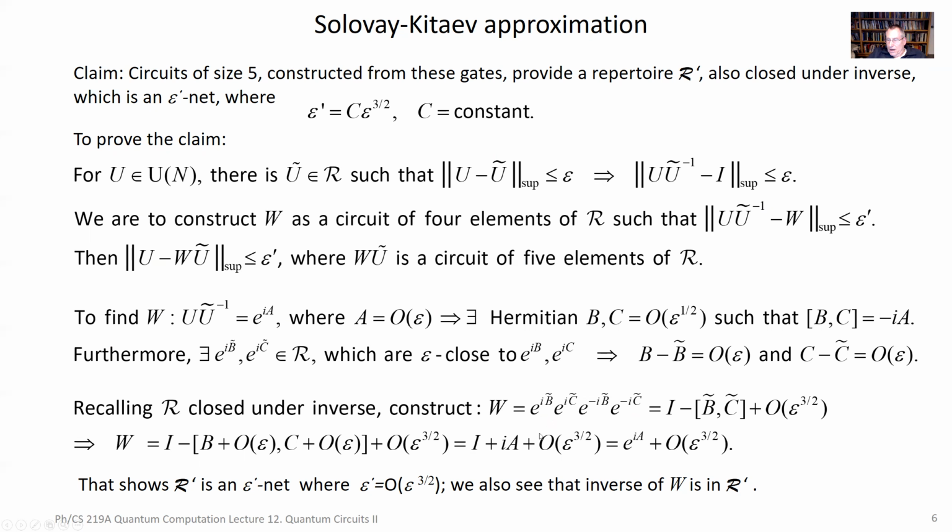The terms of order epsilon to the 1/2 cancel, because B tilde is order epsilon to the 1/2, but I have a minus iB tilde and a plus iB tilde, so those cancel one another. And I have an iC tilde, which is order epsilon to the 1/2, and a minus iC tilde, which is order epsilon to the 1/2, and those cancel one another.